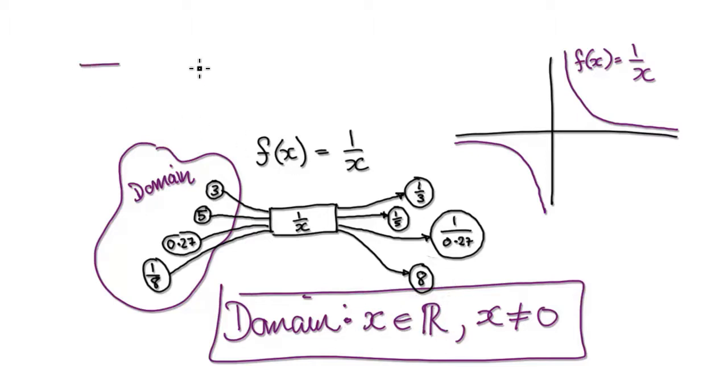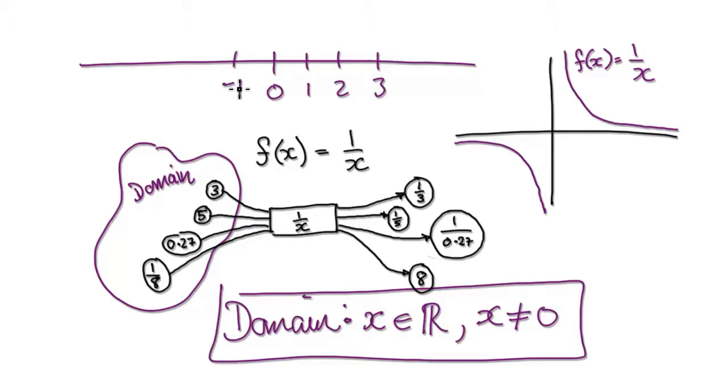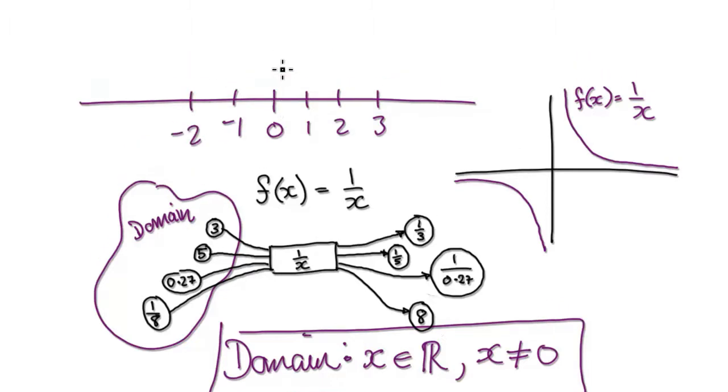So remember, our number line looks like this: 0, 1, 2, 3, -1, and so on. And remember, when you reach an age of 16 or 17, you will be introduced to what's called complex numbers.